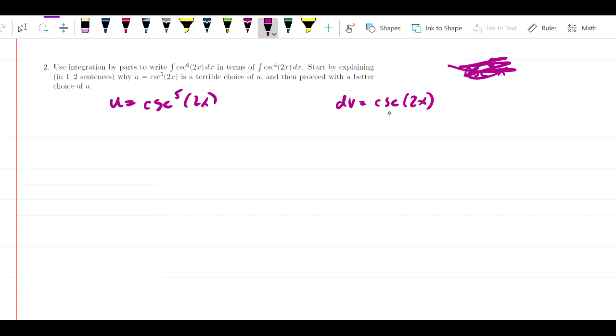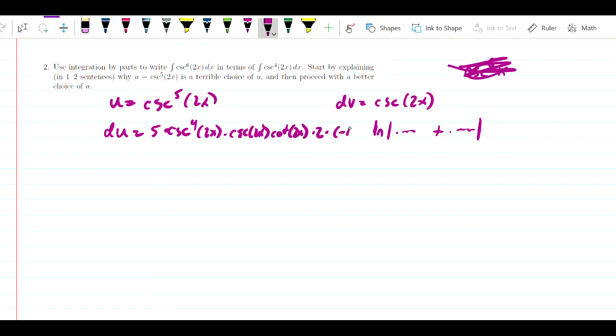It's just that you're going to get ln of something plus something else, and that's not really going to be very useful, because then du is going to be 5 cosecant to the fourth 2x times cosecant 2x cotangent 2x times 2 times negative 1 times dx, and then you're going to have to multiply that by this expression for v.